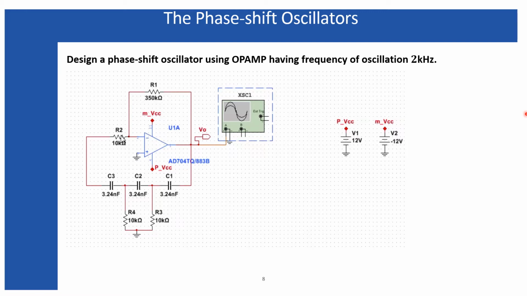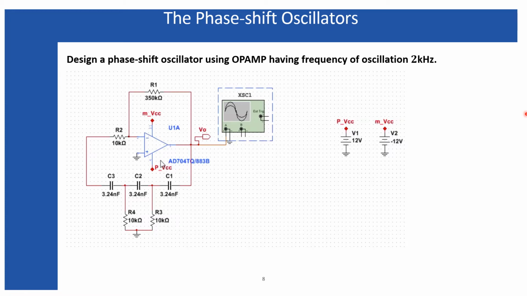So connecting this 10 kilo ohm resistance at this terminal is equivalent to connecting the 10 kilo ohm resistance with this. But the circuit I have represented on the right hand side is purely to make you understand the diagram and the concept behind the phase shift oscillator.